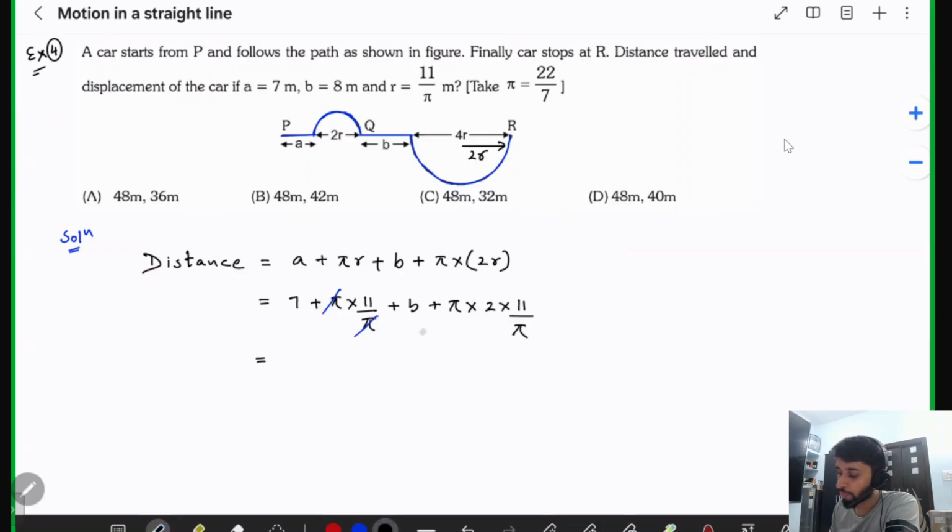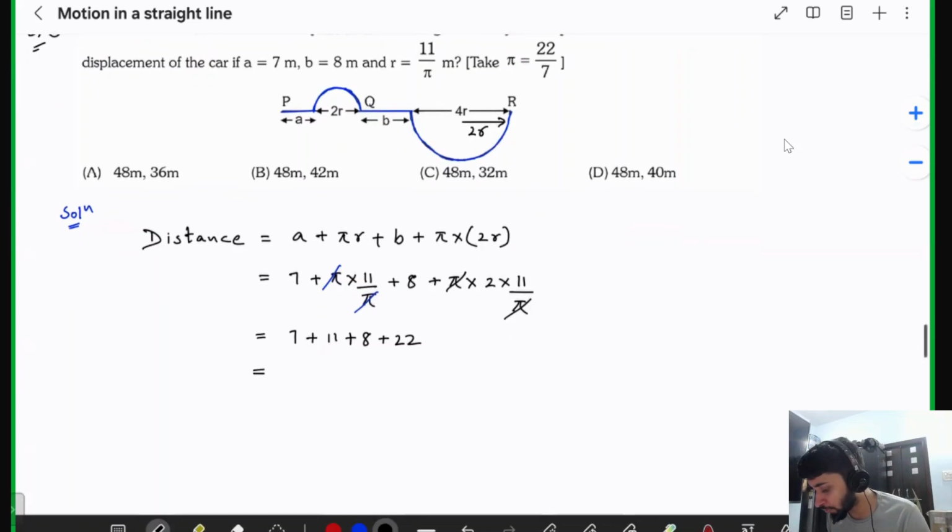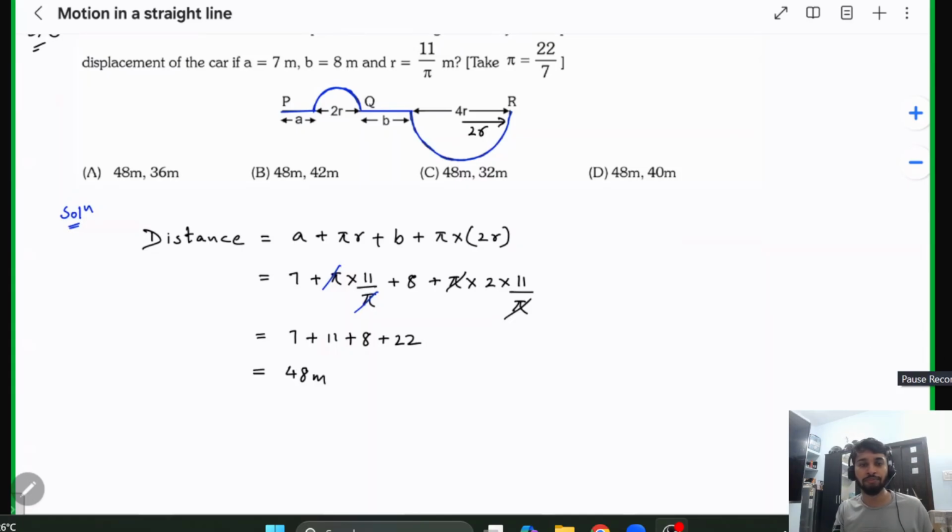So b here is 8, right? This pi will also get cancelled. We'll get 7 plus 11 plus 8 plus 22. So 22 plus 8 will become 30. 30 plus 18, 48, right? Sorry. So it will become 48 meter. Fine. The distance traveled in this case here will be 48 meter.